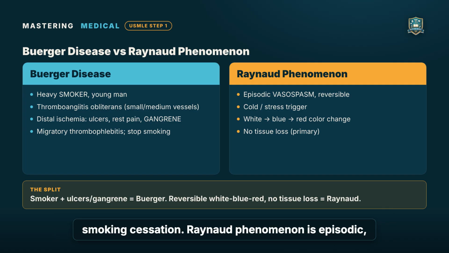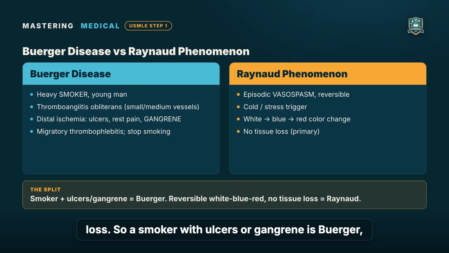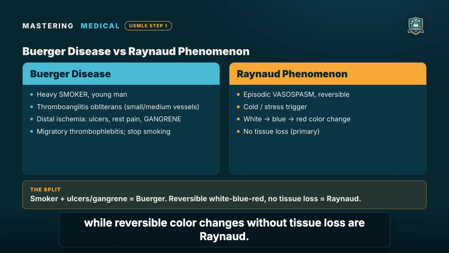Raynaud phenomenon is episodic, reversible vasospasm triggered by cold or stress, with the classic triphasic color change of white, then blue, then red, and in the primary form there is no tissue loss. So a smoker with ulcers or gangrene is Buerger, while reversible color changes without tissue loss are Raynaud.